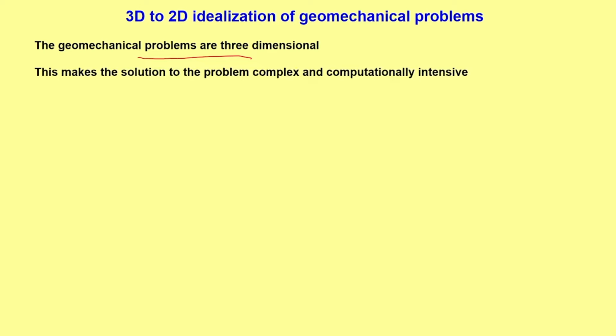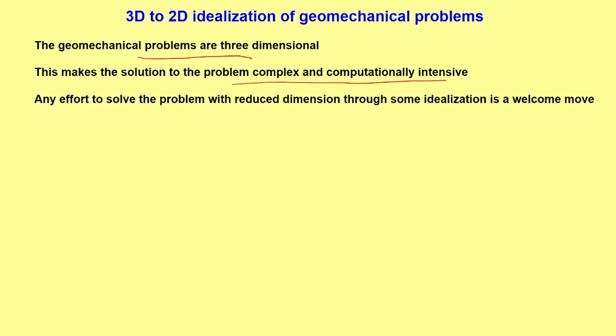As we have seen, geomechanical problems are essentially 3-dimensional, not 2D. This makes the solution to the problem complex and computationally intensive. Reality is 3D, but when you conceive 3D, it is going to be a bit more complex than 2D and computationally intensive.